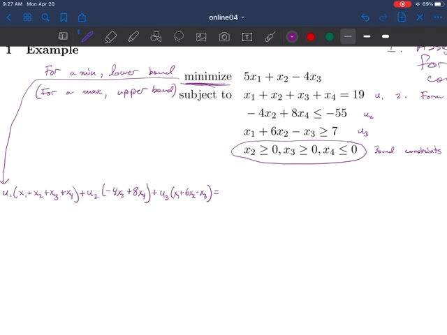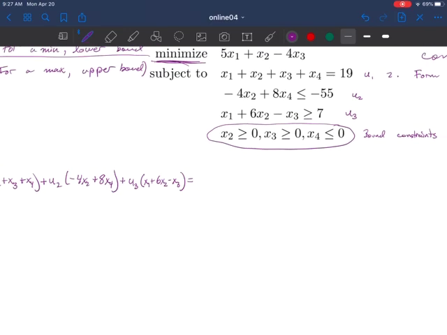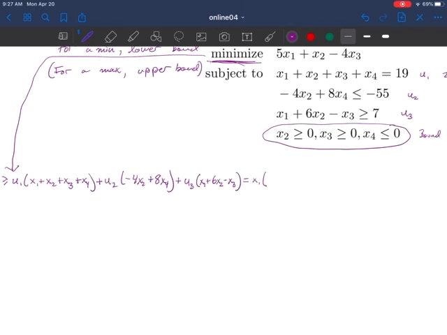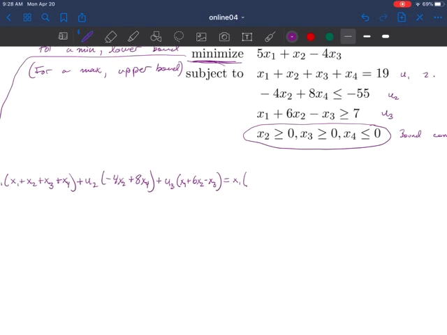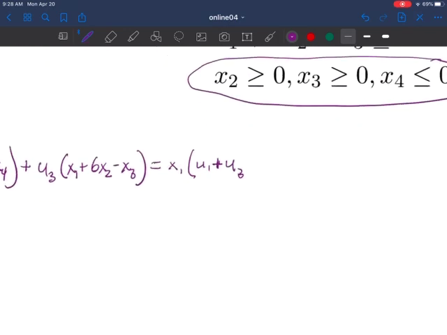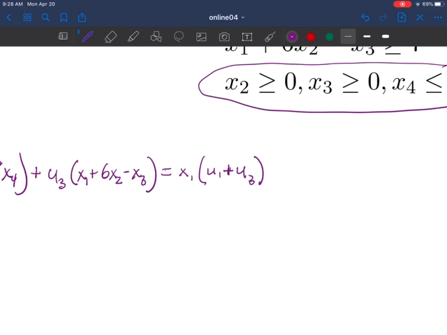Okay, so I'm going to collect the primal variables. So first it's x1, and the coefficients in front of x1: x1 is in the u1 equation, it's not in the u2, and it is in the u3. The coefficient there is 1 in both, so it's u1 plus u3.